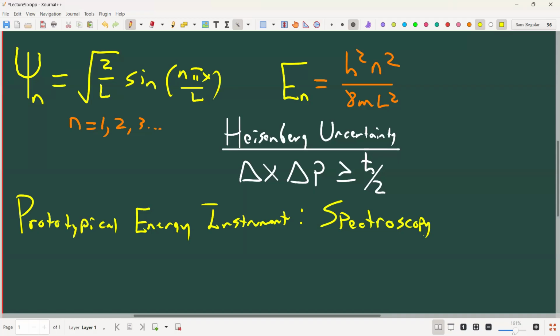What do we see? When we shine our light at some frequency or wavelength that's equal to the spacing between two energy levels, we get an absorption or an emission. So all spectroscopy is, you're using light as a way to measure the energy levels of your system.